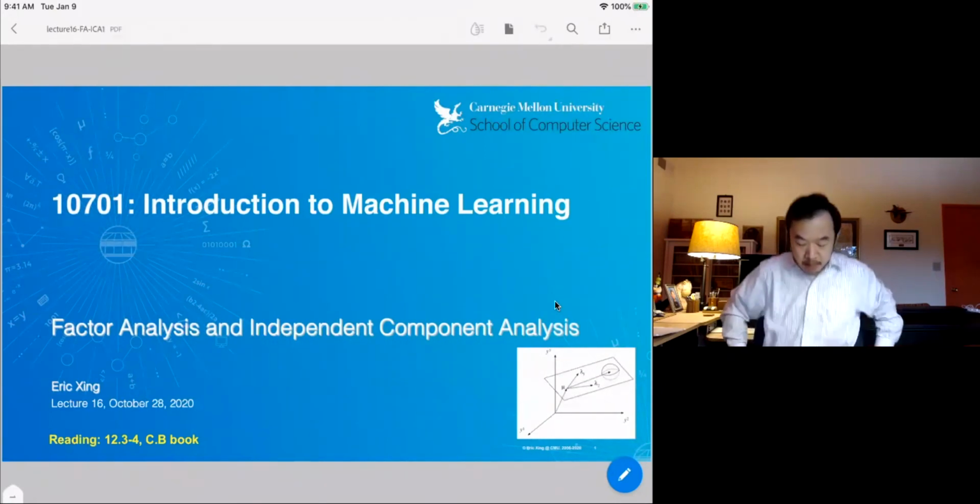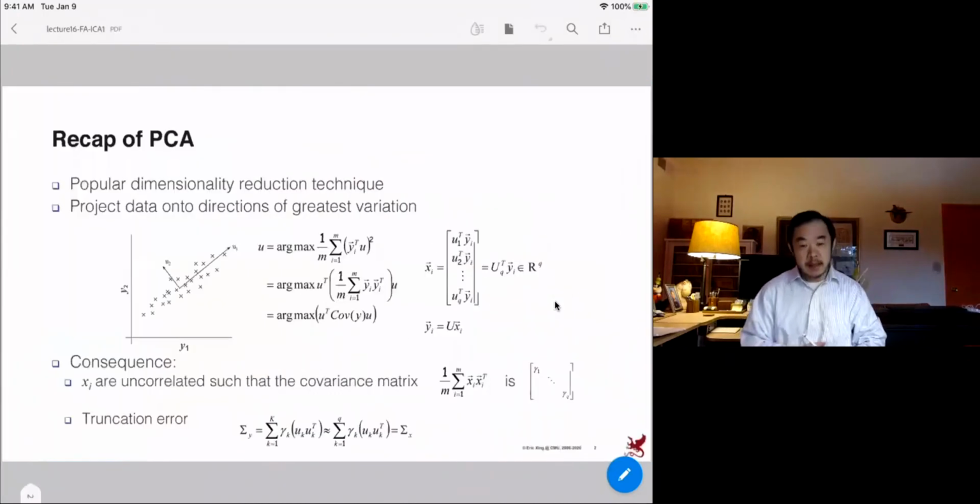Okay, so let's cover a quick recap of PCA. PCA basically is a technique that finds principal components of a given data set, and then uses these principal components to define a new space where the data points can be projected.